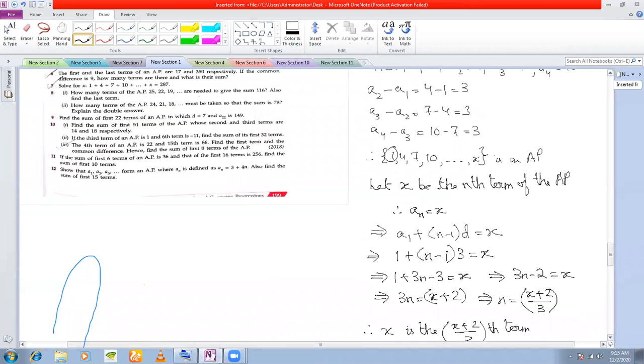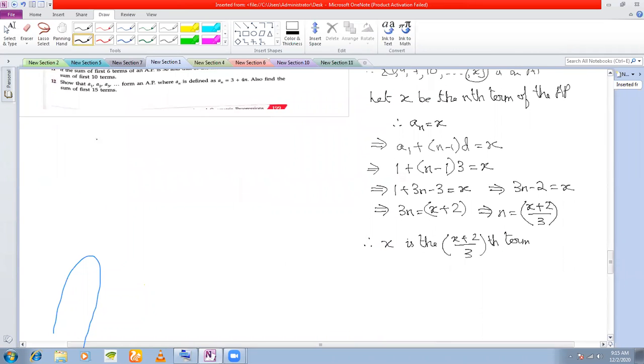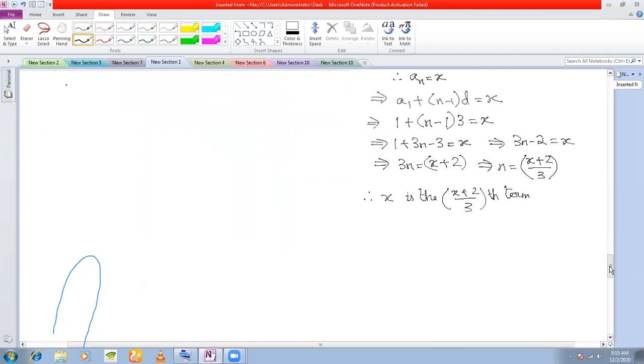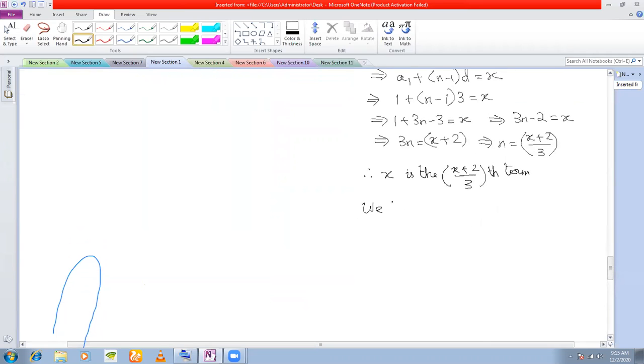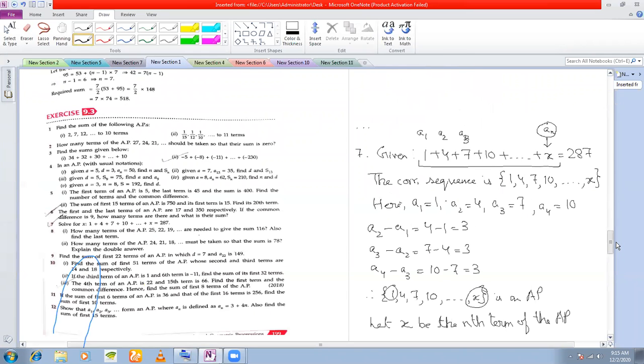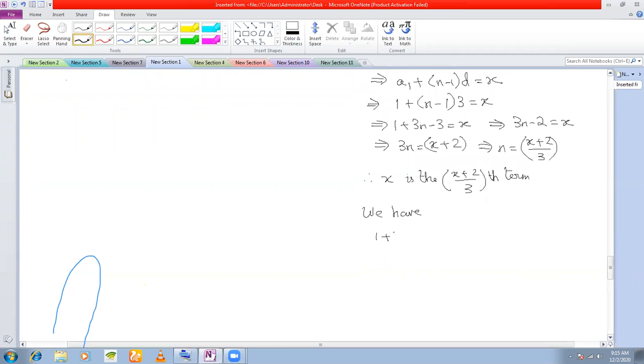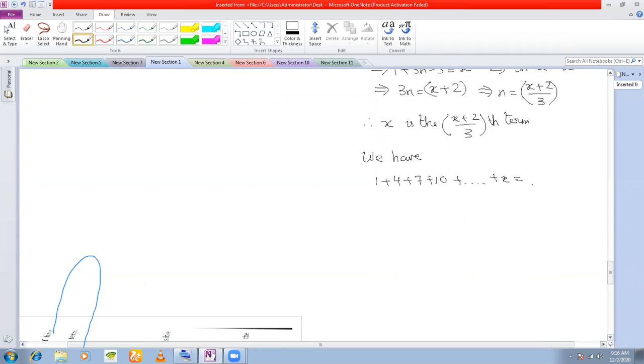Since I have got what number of term this is, now I can apply the formula for Sn. Now take the sum 1 plus 4 plus 7 plus 10 up till x is equal to 287.